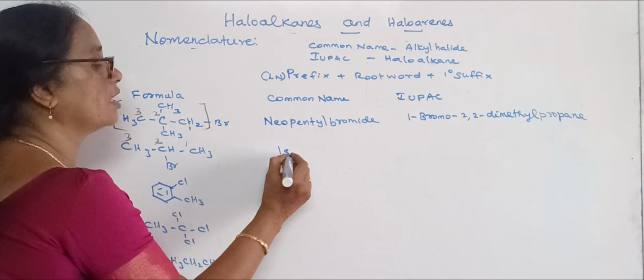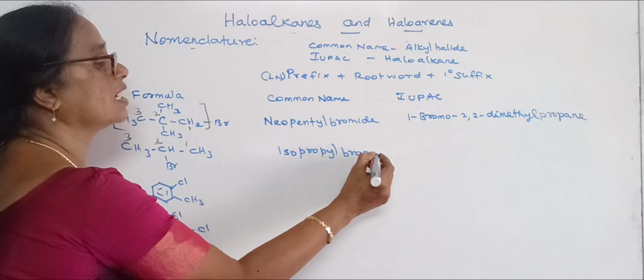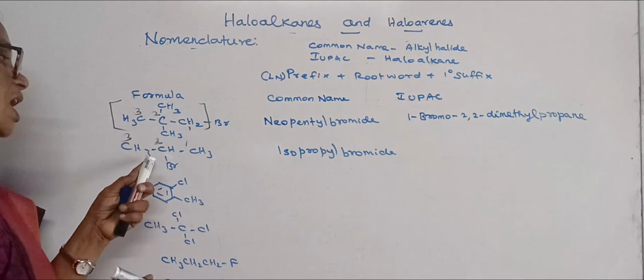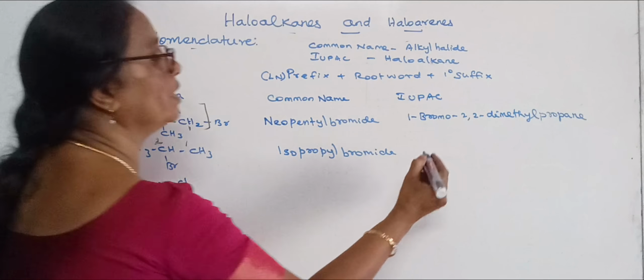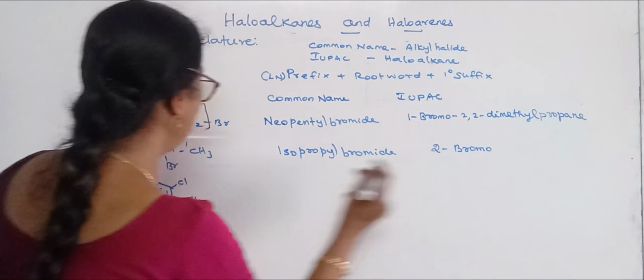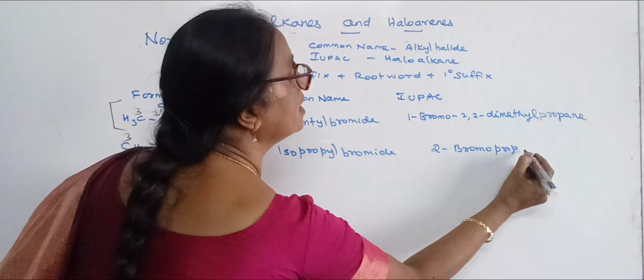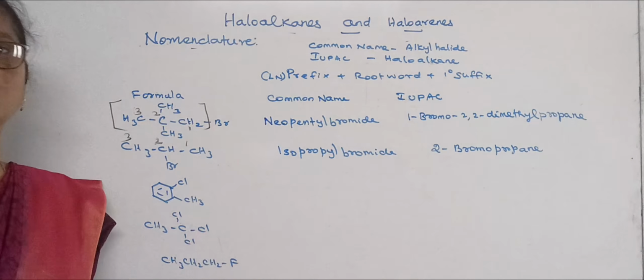So the name of the compound is isopropyl bromide, which is the common name. For the IUPAC name, once again I have to find the position of the halogen, which is the second position, bromine. So it goes 2-bromo, and the longest chain is 3 carbons, so the root word is prop and the primary suffix is ane. So the compound is 2-bromopropane.